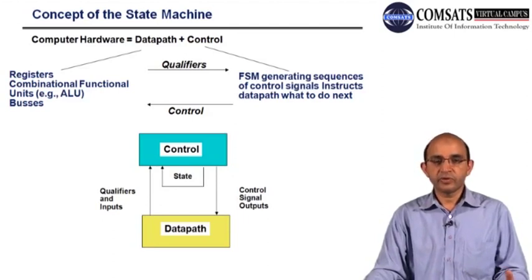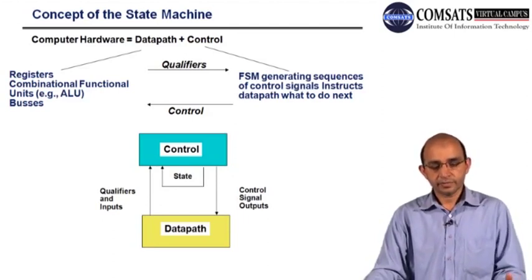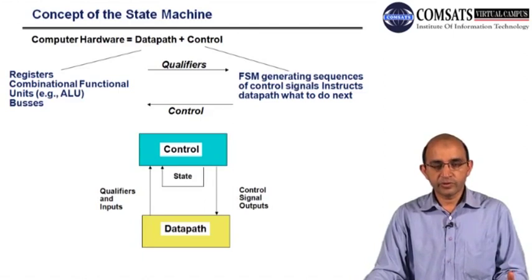When we talk about the data path, that includes registers. We can also have combinational circuitry at the input of those registers.